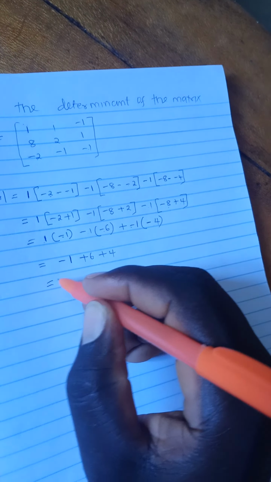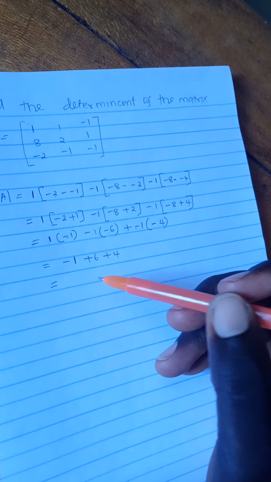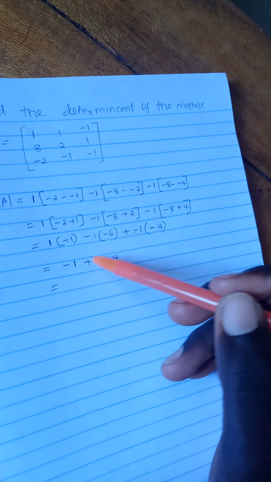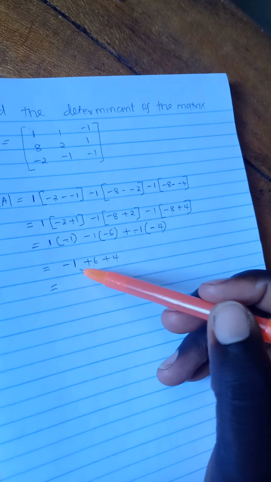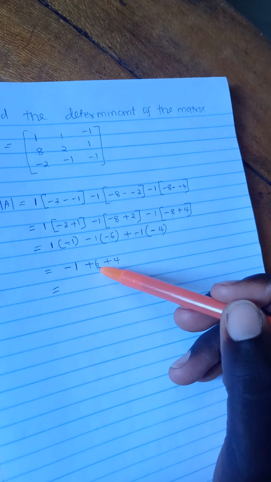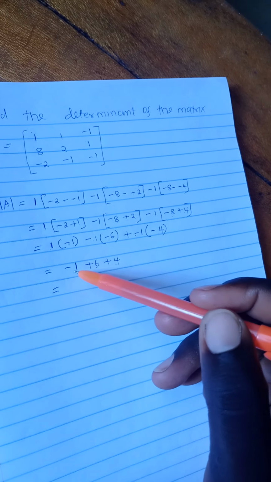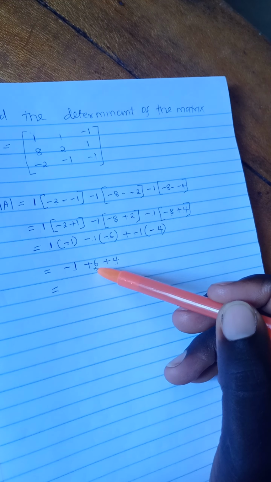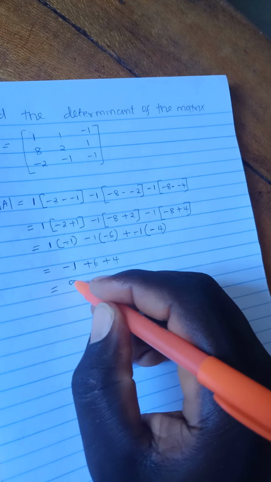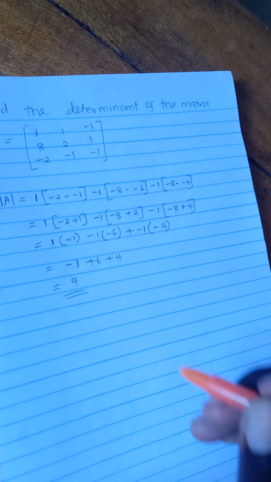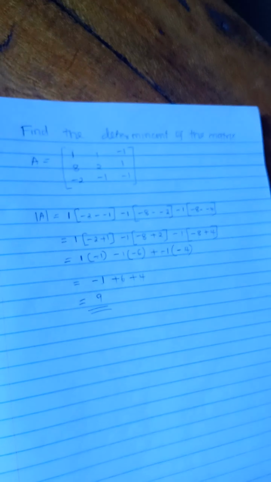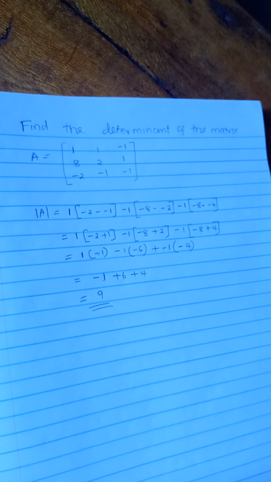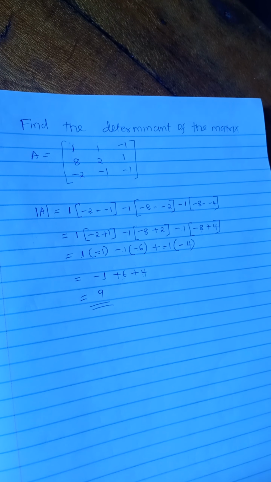Now, let us proceed to solve this. That is negative 1 plus 6 plus 4. So negative 1 plus 6 will be positive 5 plus 4 will be 9. Therefore, that is how you can find the determinant of a 3 by 3 matrix of this caliber.